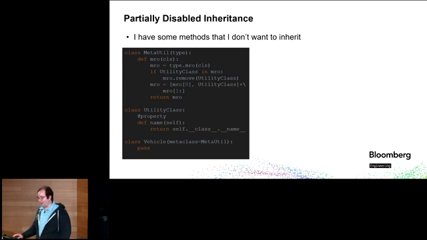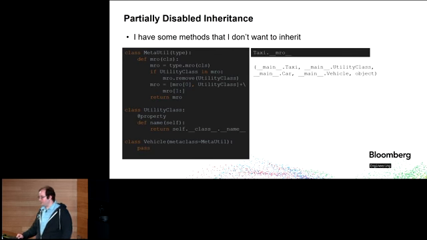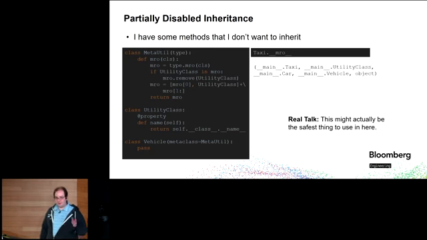The utility class is simply a class that has a property called name and says, use the class name, which gives us exactly the result we saw. Real talk. In my opinion, this might actually be the safest thing to use in this talk.